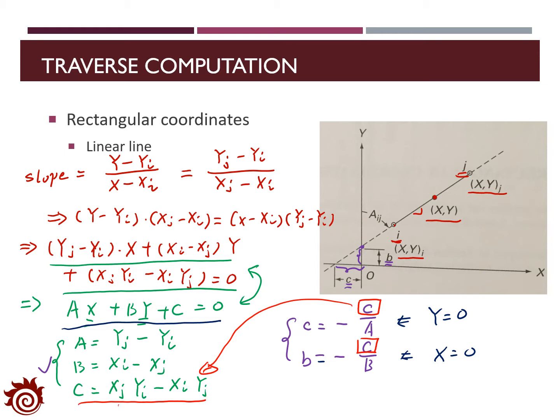In addition, for the value of the angle aij, we can find that the value of tangent aij equals to minus B over A, which is just the slope of the line.